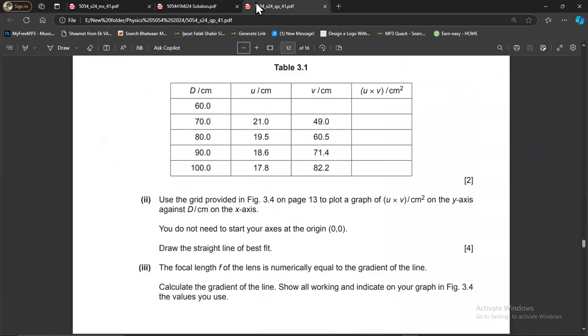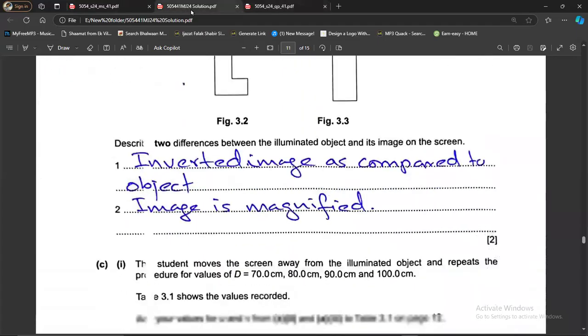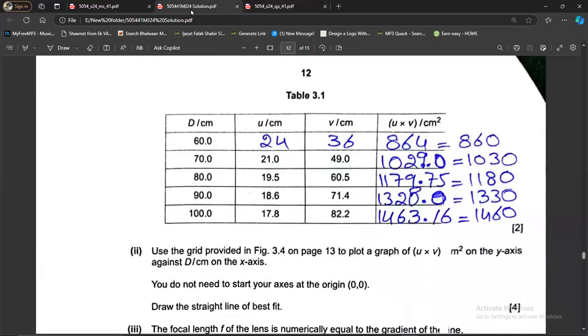Okay, here we go. So here we have this table. The u is 24, the v is 36. Then we will multiply these two and get this answer. In the same way, I will multiply u with the v for each row. The answers must be in three significant figures.